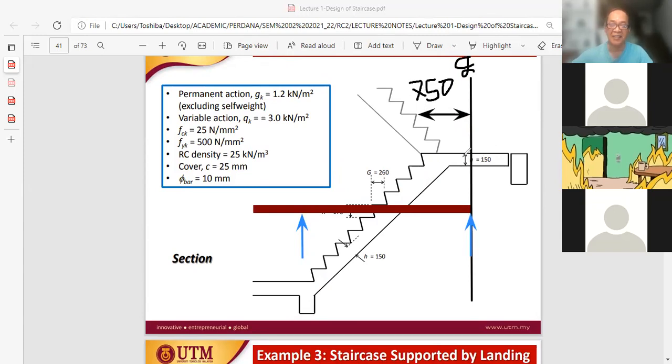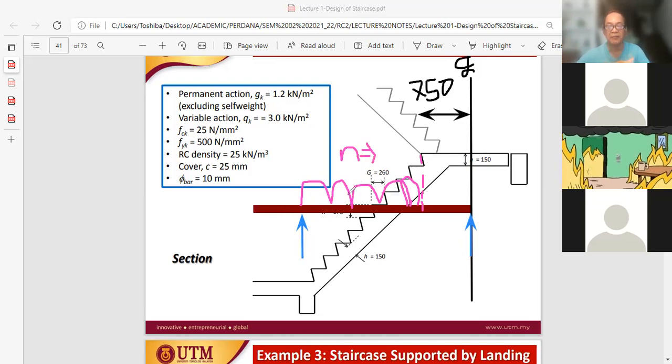because the landing is a separate design, the GK and QK on the landing will have its own GK and QK. Therefore, the loading on the staircase will only be considered until here. This will be the GKs and the QKs on the landing based on 1.35 GK and so on.